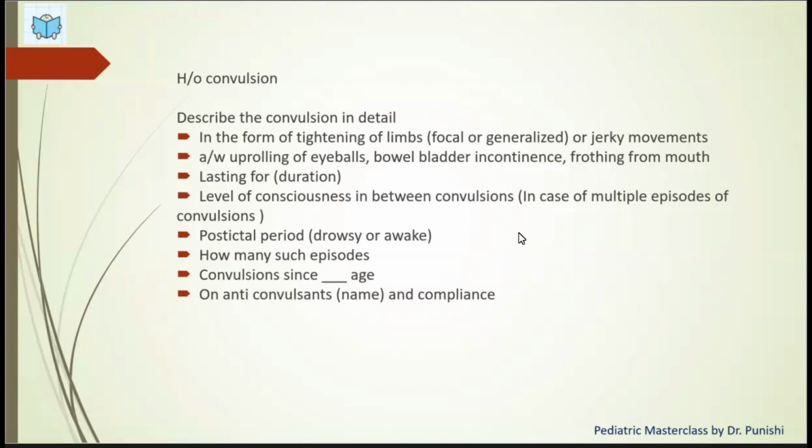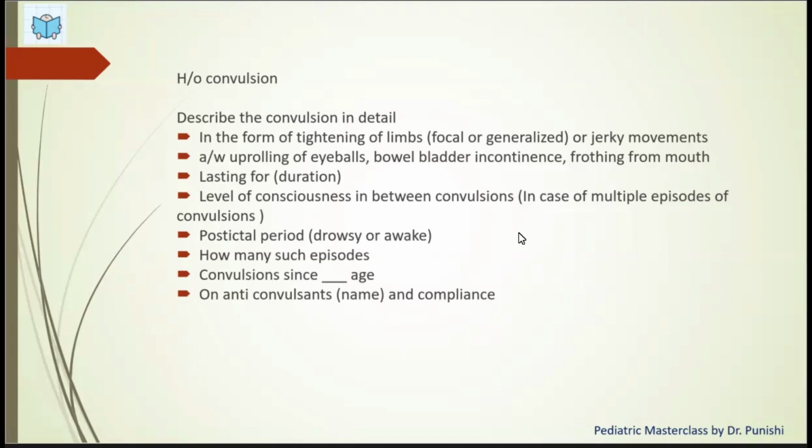Usually the parents will also know the name of the medication because the child is chronically on that one drug. So it's good if you're able to tell what drug the patient is on. And very importantly, what is the compliance? Sometimes the child has missed his doses of anti-epileptics, and that's why he has thrown a convulsion.